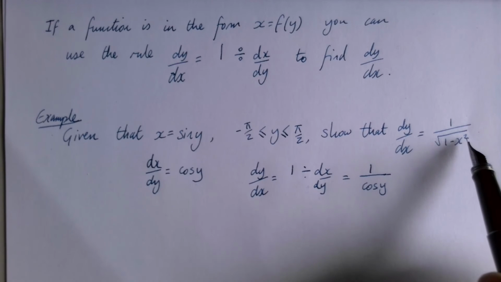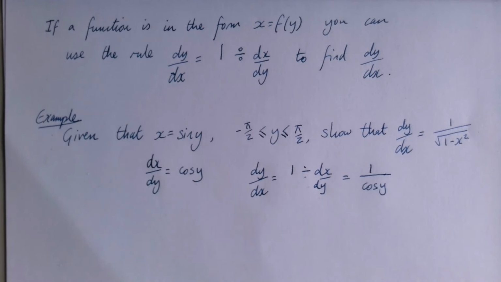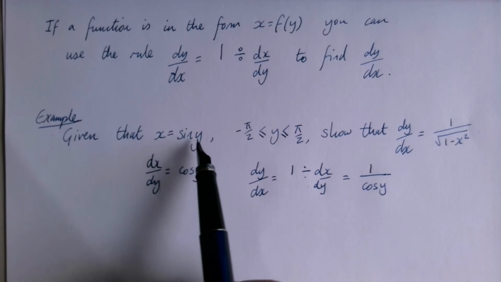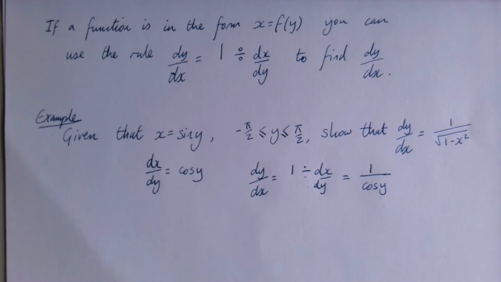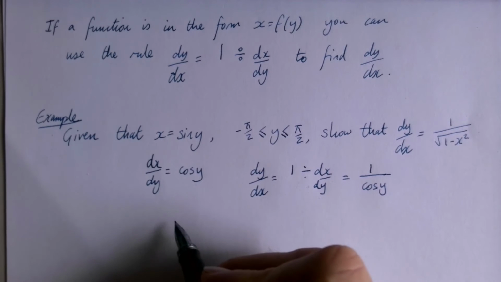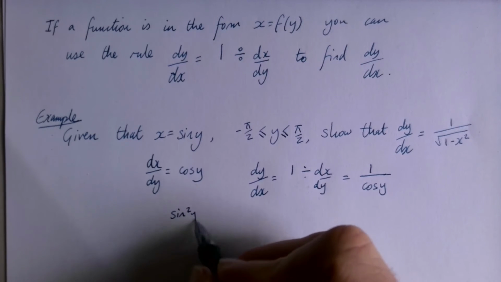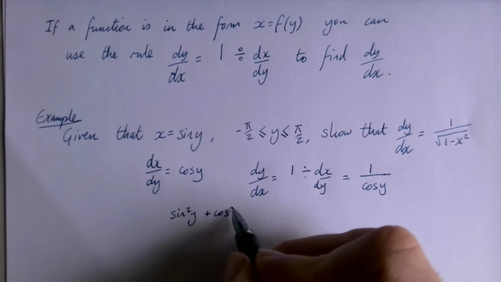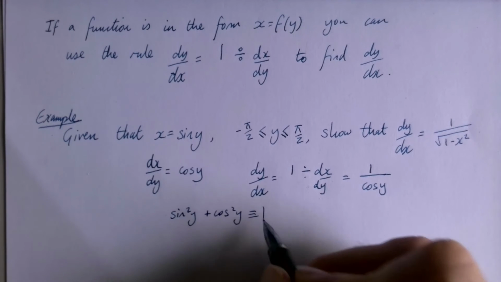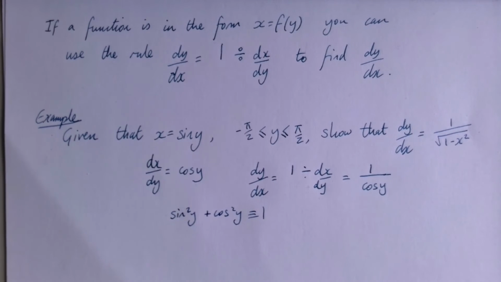The clue is in this being squared here, and we've got x in terms of sine. So we're going to use the, I can't remember if we called it the mother or the daddy, I think it was the daddy of all identities, that sine squared y plus cos squared y is identical to 1.